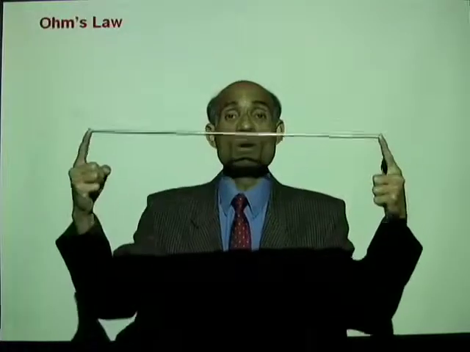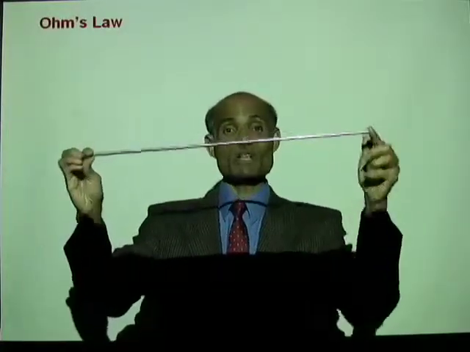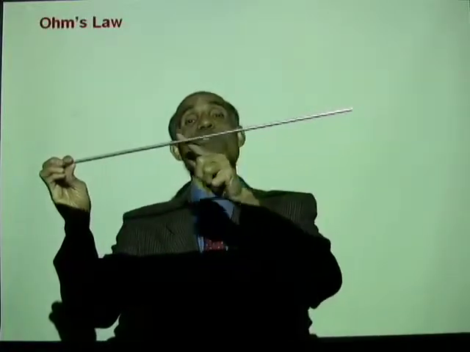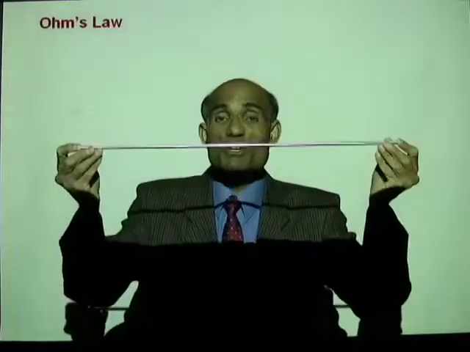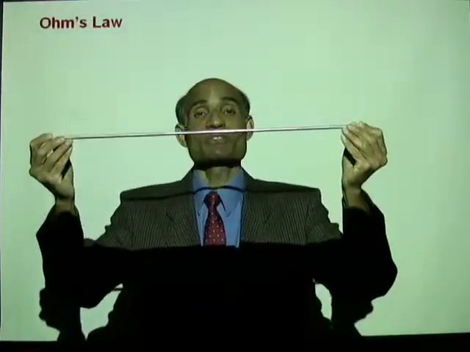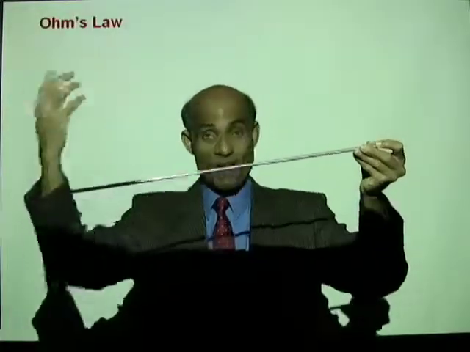So, Ohm's law is a relation between potential difference between the ends of a conductor and the current passing through it. What do you think is going to be that relation? What happens when you increase the potential difference? When the potential difference increases, the current also will increase. Is that right? Okay.